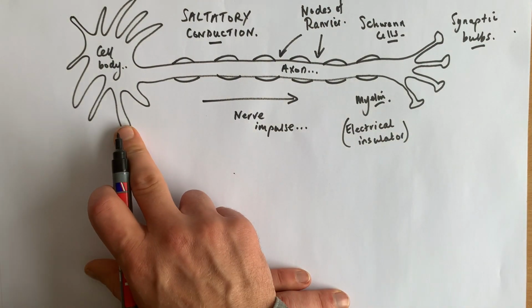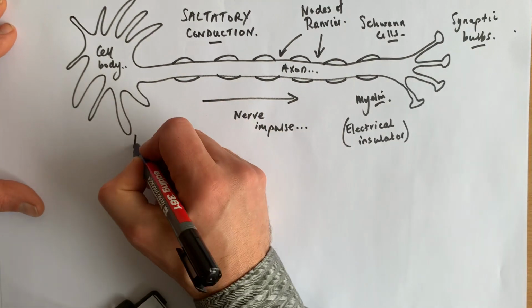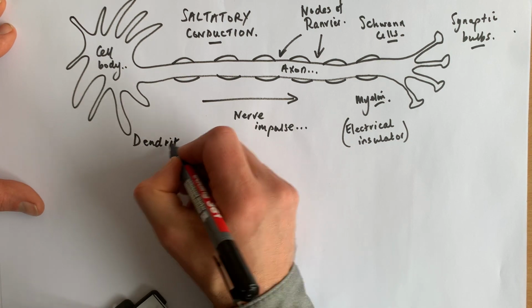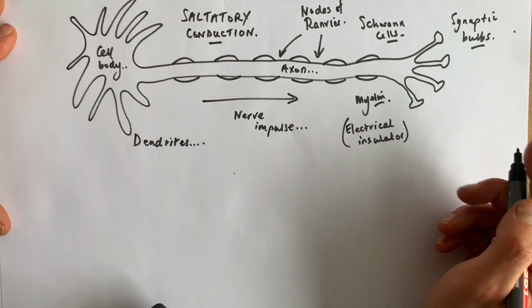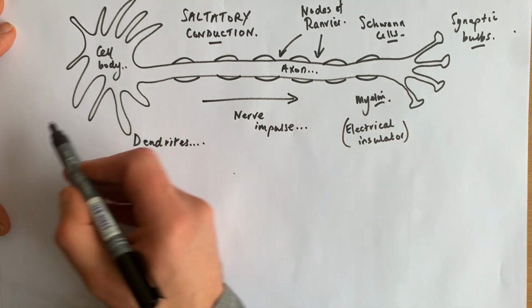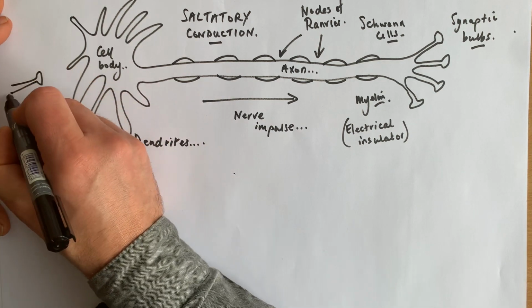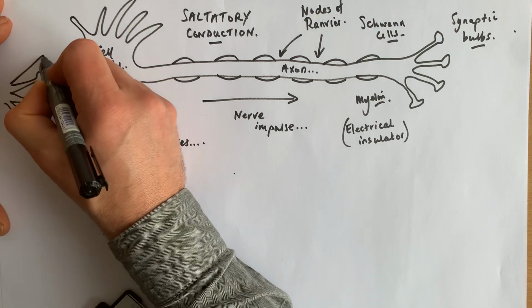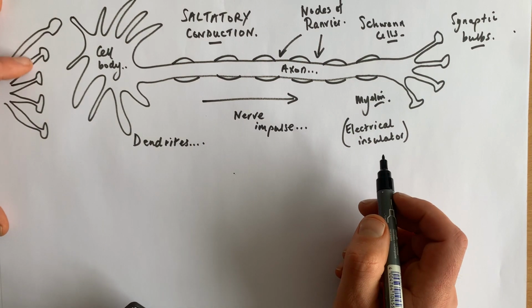Now, the cell body, the cell membrane of these dendrites, these are called the postsynaptic membrane. So you're going to have synaptic bulbs from a presynaptic neuron. So imagine we had this scenario where we had the synaptic bulbs from another presynaptic neuron.